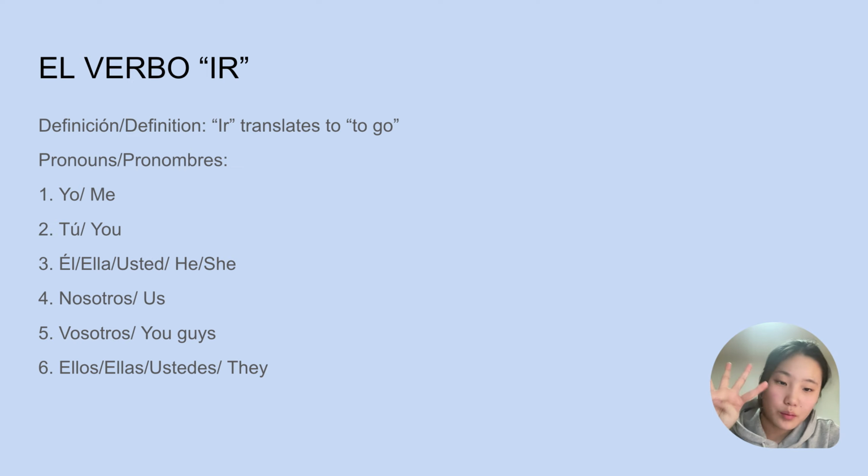Then the fourth pronoun is nosotros, which is us. Me and you guys, which is us. It can be me and my sister, which is us. And then the fifth pronoun is vosotros, which is you guys, not including me, just you guys.